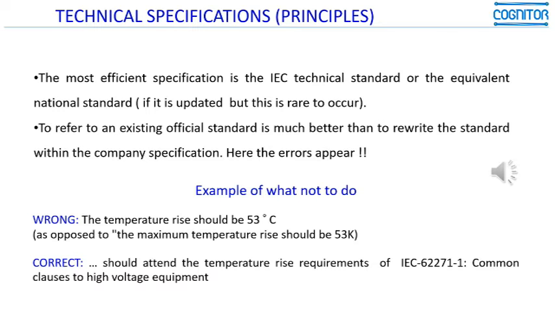The correct way should attend the temperature rise requirements of IEC 62271-1, common clauses for high voltage equipment. If you simply refer to the technical standard, everything is written there. You don't need to create things, especially wrong things, like in this case.